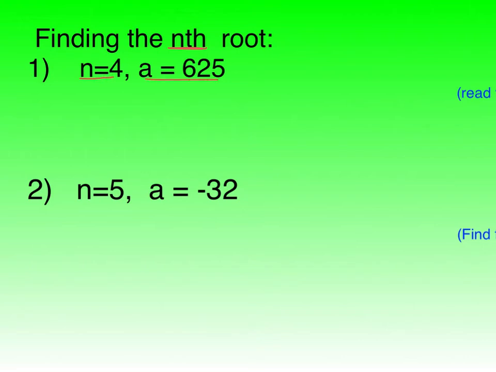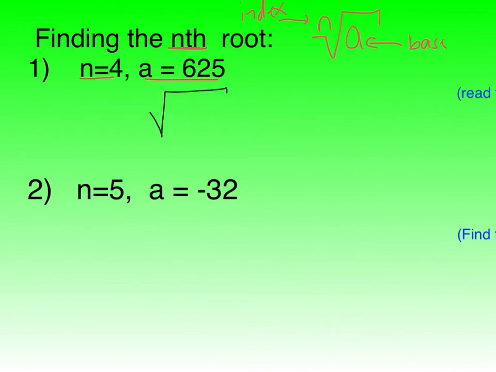You're using this formula, nth root of a. Which means n, right there, is the index. N is the index, right? And a is going to be the base. Just to make it simple. The way I'm going to write that is I use a radical.